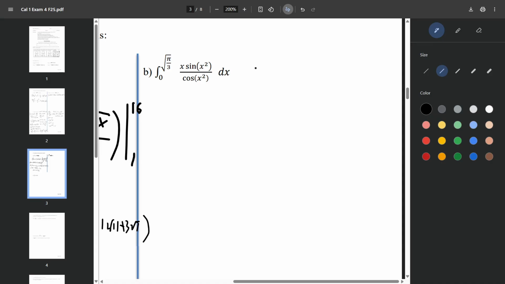So in this case, our u is going to be equal to cosine of x squared. So that means that our du is going to be equal to negative sine x squared times 2x dx.